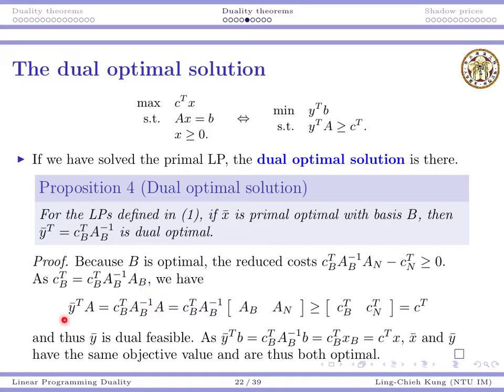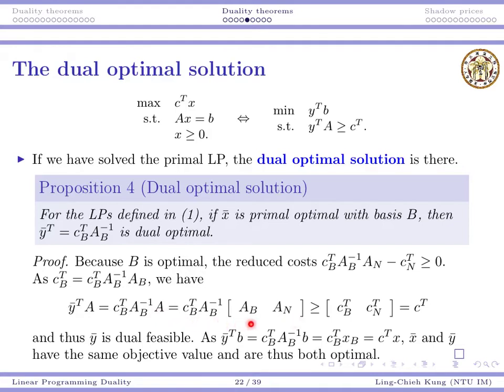So now let's examine this quantity, Y bar transpose A. Y bar transpose is nothing but CB transpose AB inverse. So from here to here, we just plug in this proposed solution. And then here, we divide A into AB and AN as something we are familiar with. Given any basis, we split the matrix A into AB and AN.